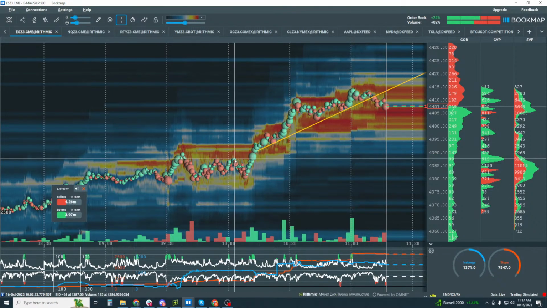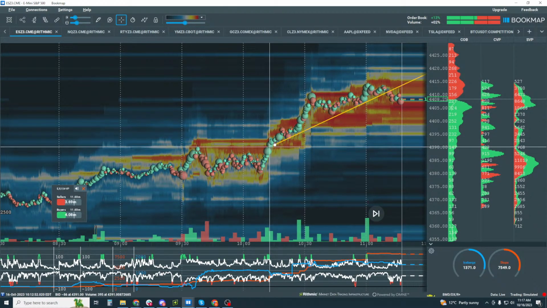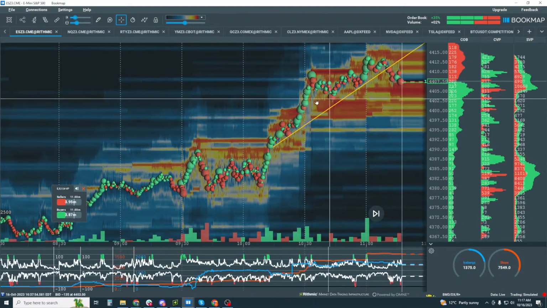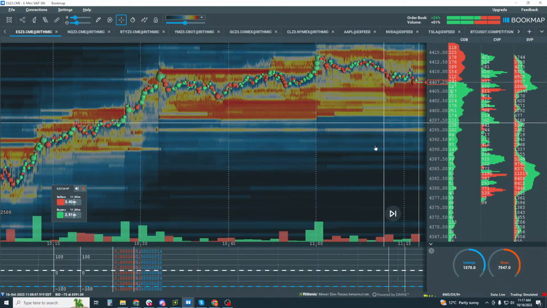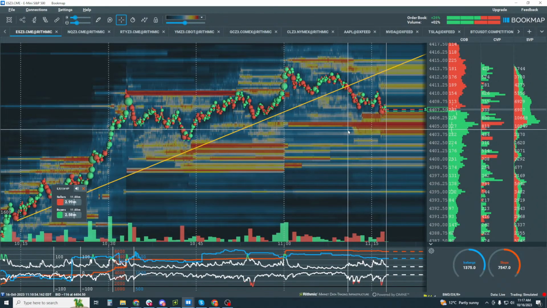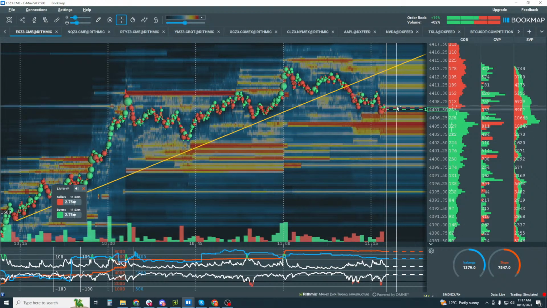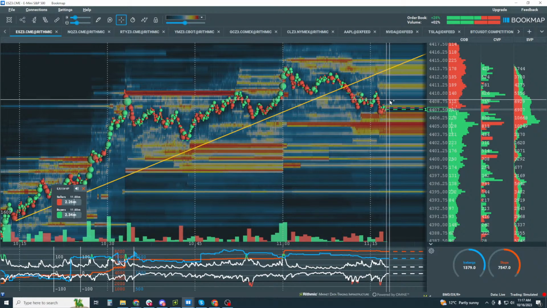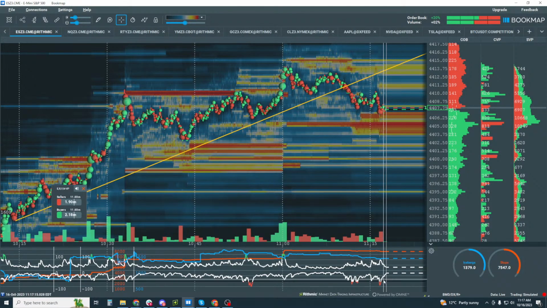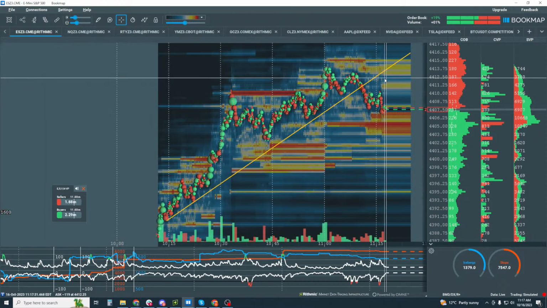It's been very kind of traders walking on eggshells until we get this big stop run. Continuation higher.